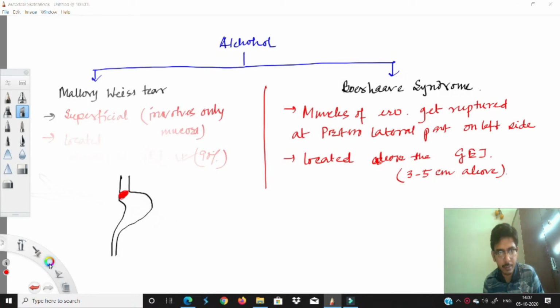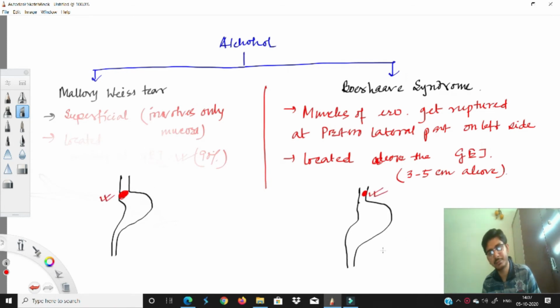And in case of Boerhaave syndrome, the location of the injury or lesion occurs 3 to 5 centimeters above the gastroesophageal junction. See this diagram. I hope you can understand through this diagram easily.